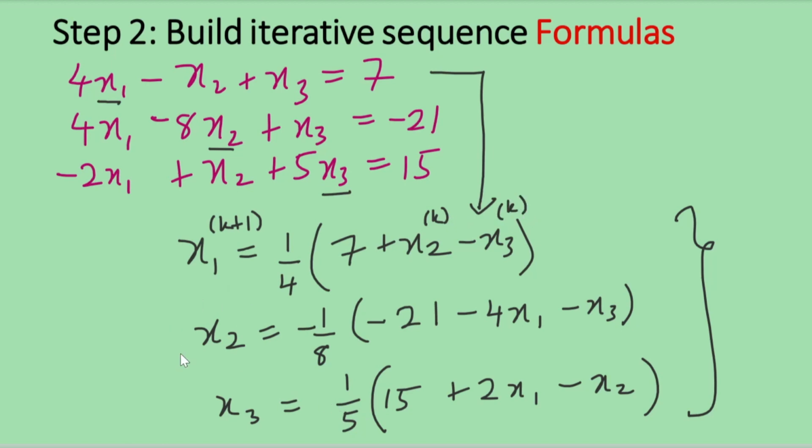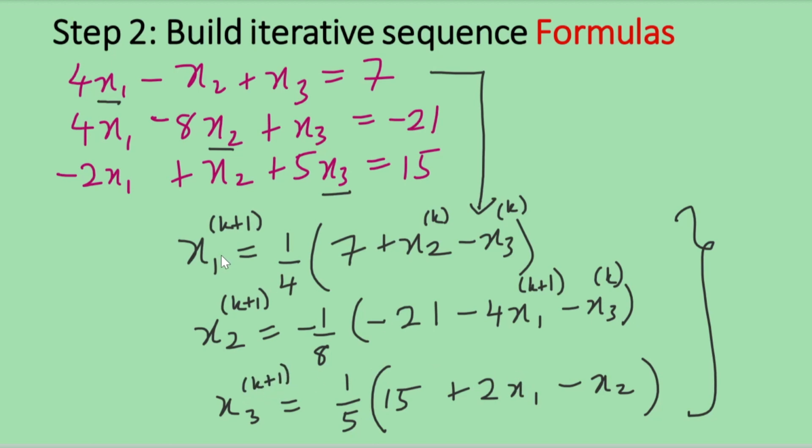And to calculate the new value of x2 at step k plus 1, we would always take the latest value of x1, and the latest value of x1 is the one that we have calculated here, k plus 1. We do not have the latest value of x3 yet, so x3 remains as the old value, step k. And now we could calculate the new value of x3.